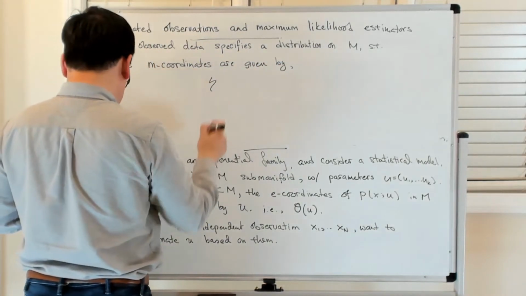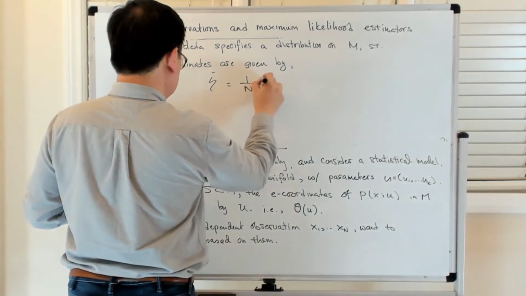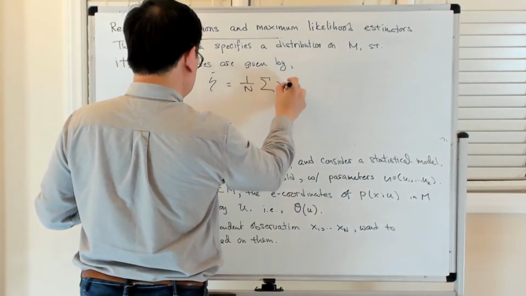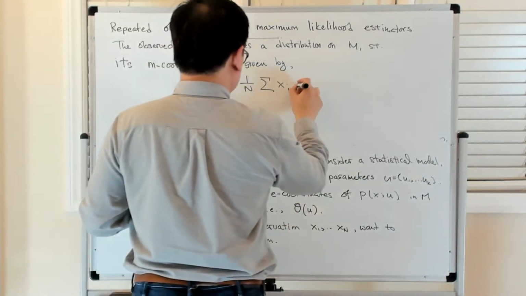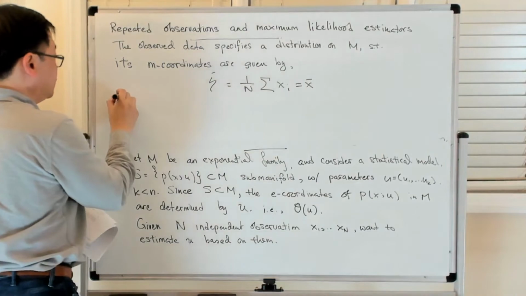So eta bar is 1 over n times the sum of the xi's, and that is of course just x bar. Okay, so this is the observed point.